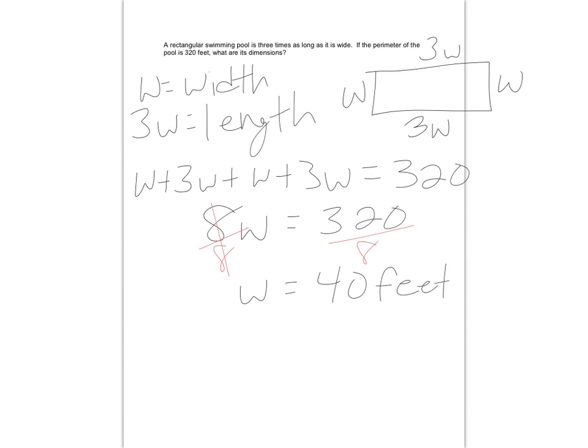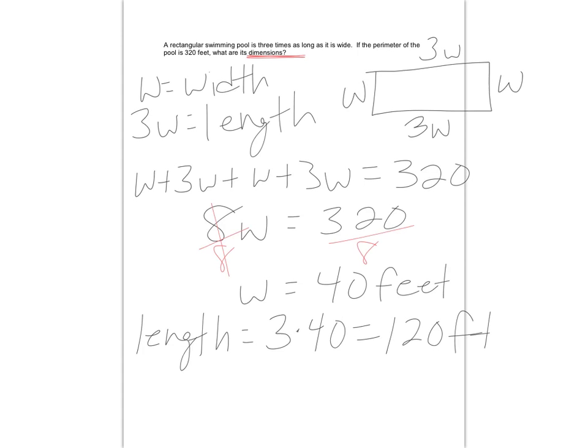Now, just because I have an answer doesn't mean I've answered their question. Their question is, if the perimeter is 320, what are the dimensions? Dimensions would be both length and width. I've got the width. Now the length is 3 times the width, so it would be 3 times 40, which is 120 feet.